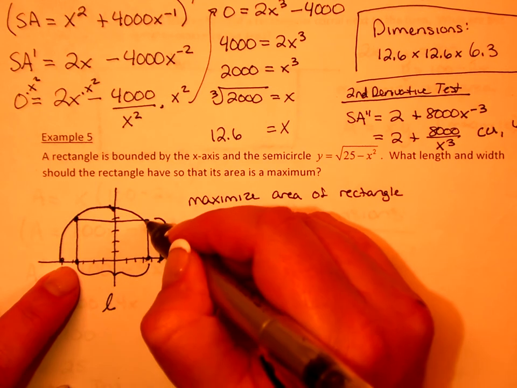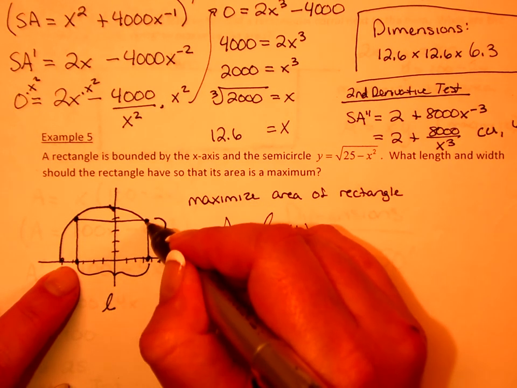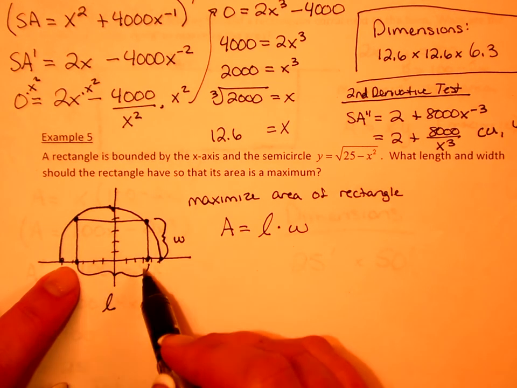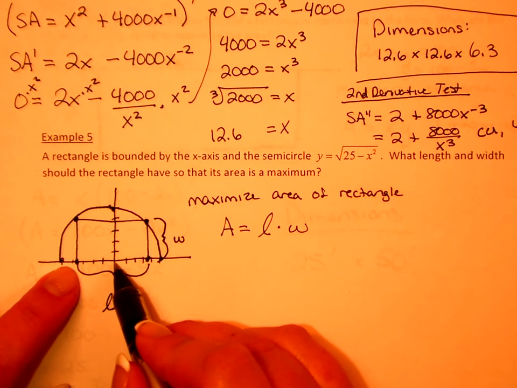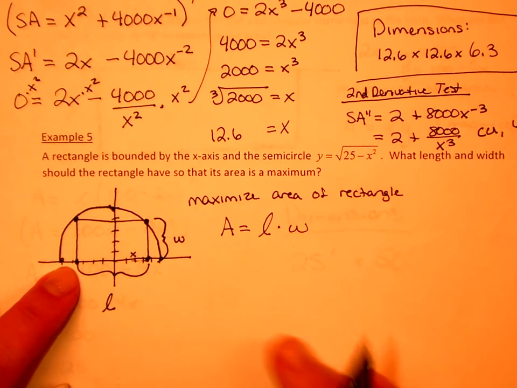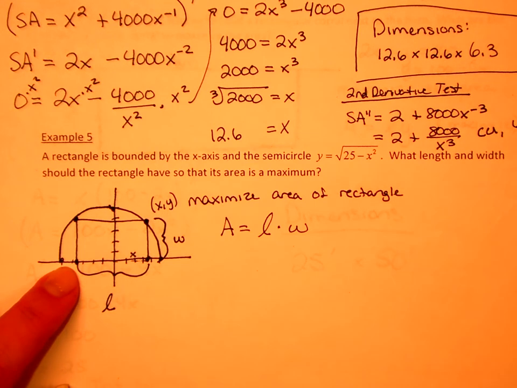Now, on the semicircle, if we have a point at 3, 4, we're going to have a point at negative 3, 4. It's going to be symmetrical here. So this distance here is x, because this is a point on the semicircle x, y, correct?